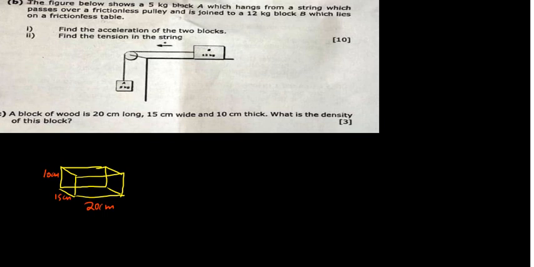So the first thing we should be able to find is the volume of this block. Volume is given by L times B times H. So the length, we have 20 centimeters multiplied by 15 centimeters multiplied by 10 centimeters, and that is going to give us 20 by 15 by 10, which is 3000 centimeters cubed.